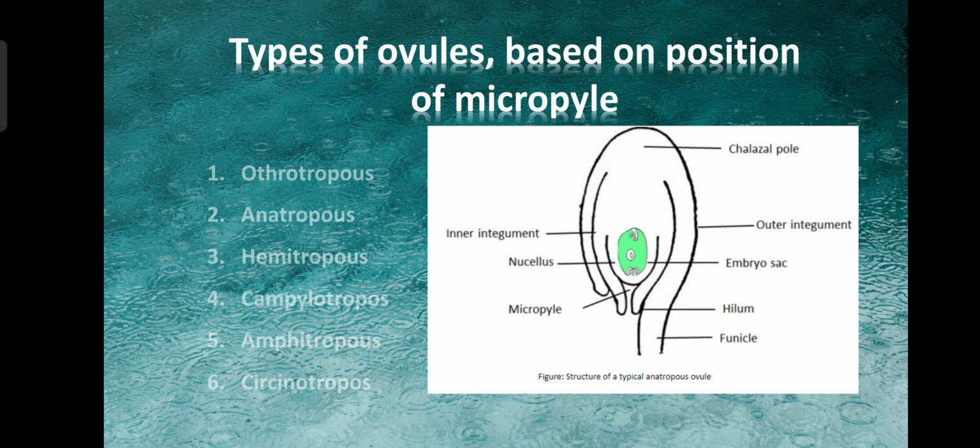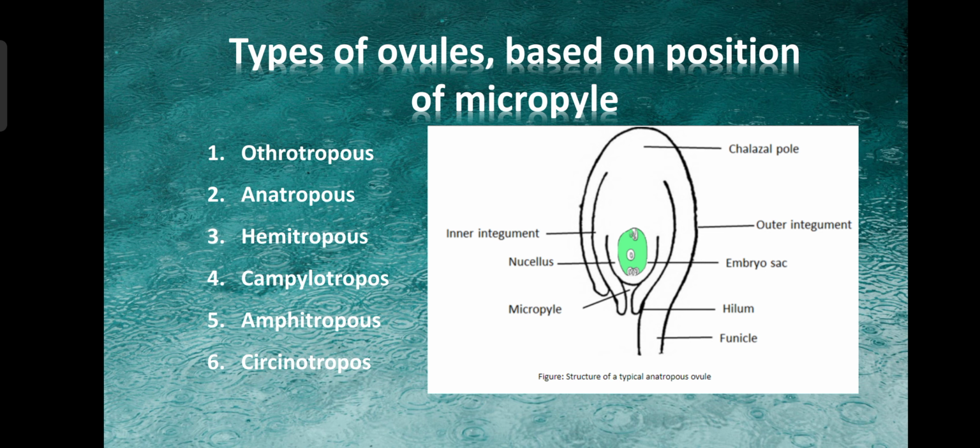These ovules are: orthotropous ovule, anatropous ovule, hemitropous ovule, campylotropous ovule, amphitropous ovule, and circinotropous ovule. Among these 6 different types of ovule, anatropous ovule is a typical ovule that can be studied as an overview.